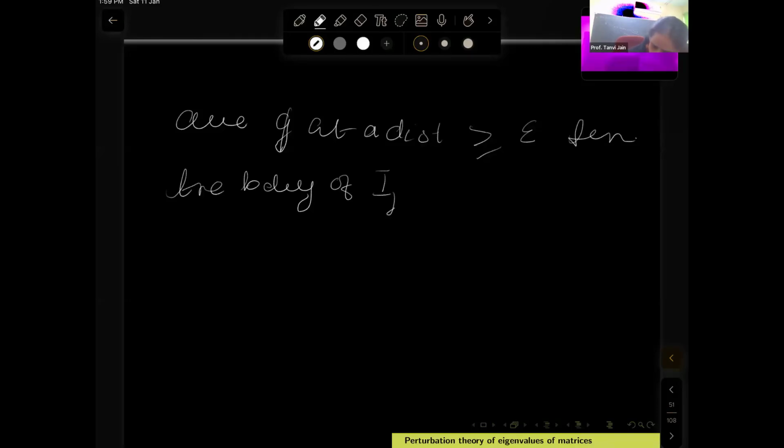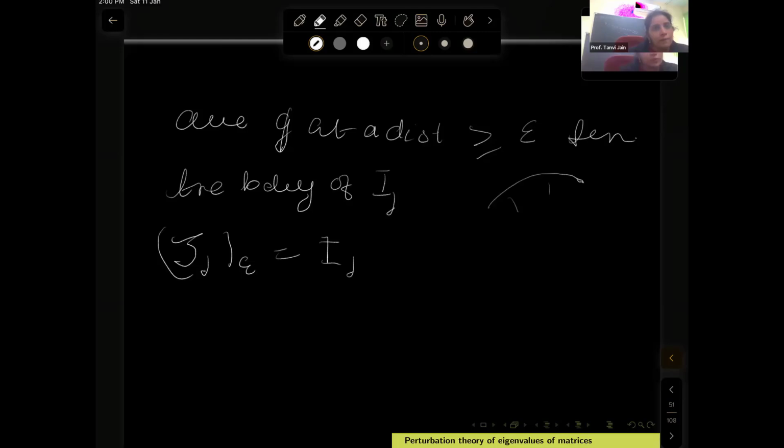Basically, Ij is this, and this is the inner arc. So that means my J epsilon is in Ij.